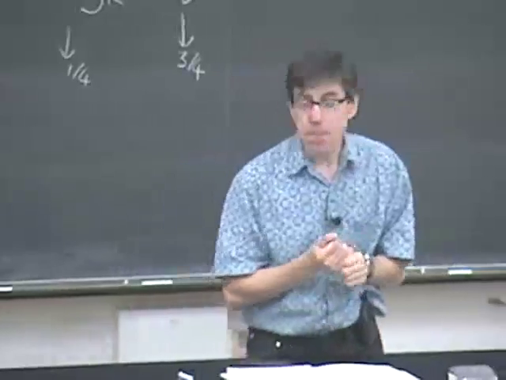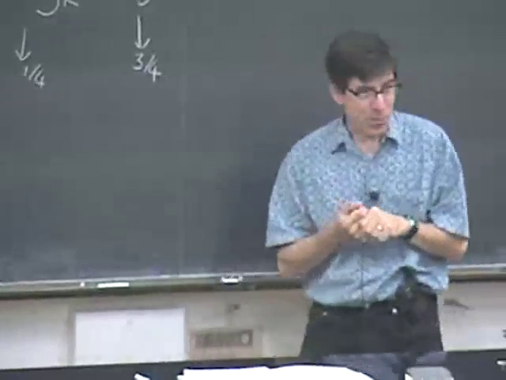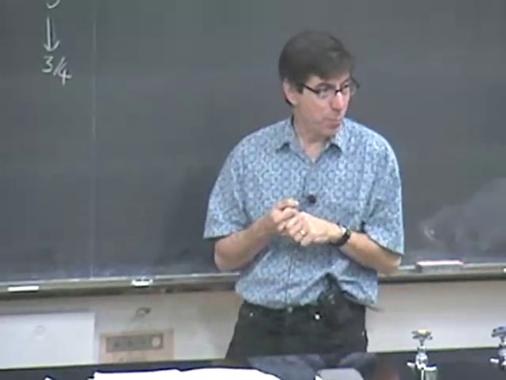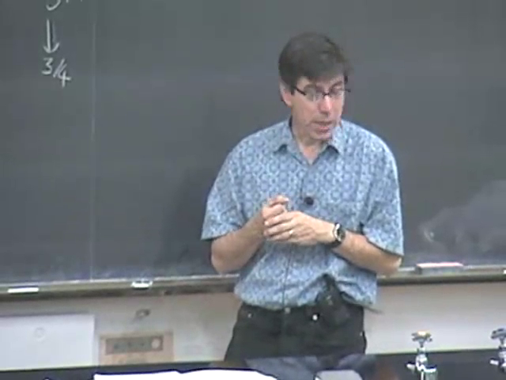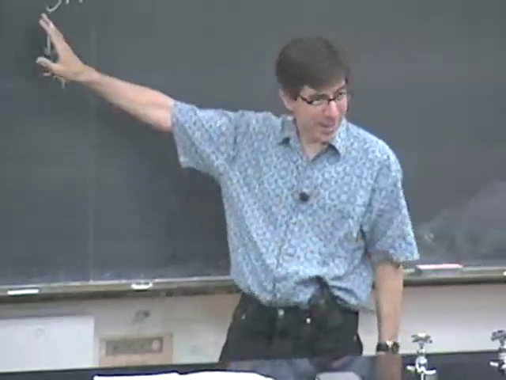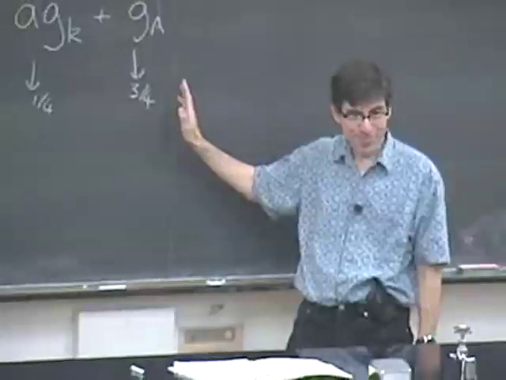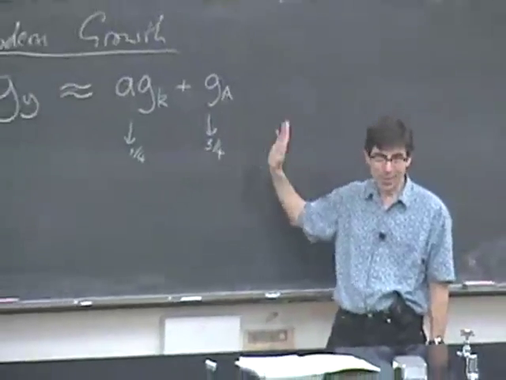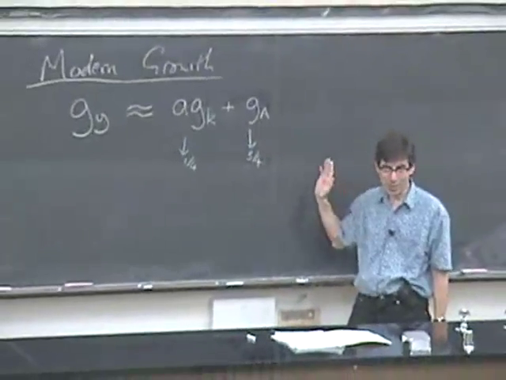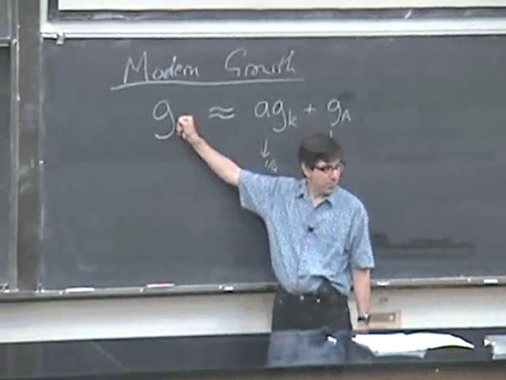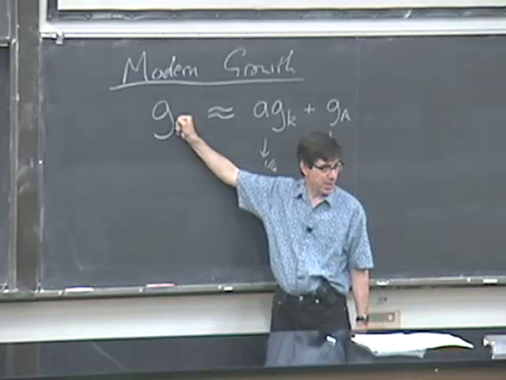Okay, the big thing we need to talk about is the nature of modern economic growth. And empirically, it turns out we get this very simple expression that encapsulates all growth since 1800. There's a growth of output per person across various societies.